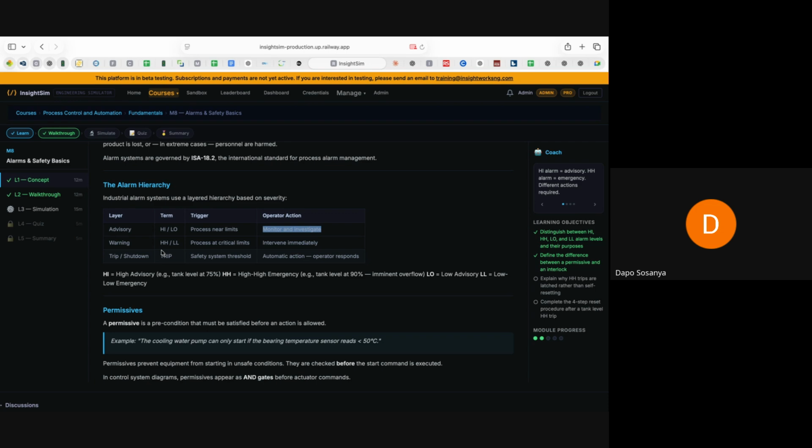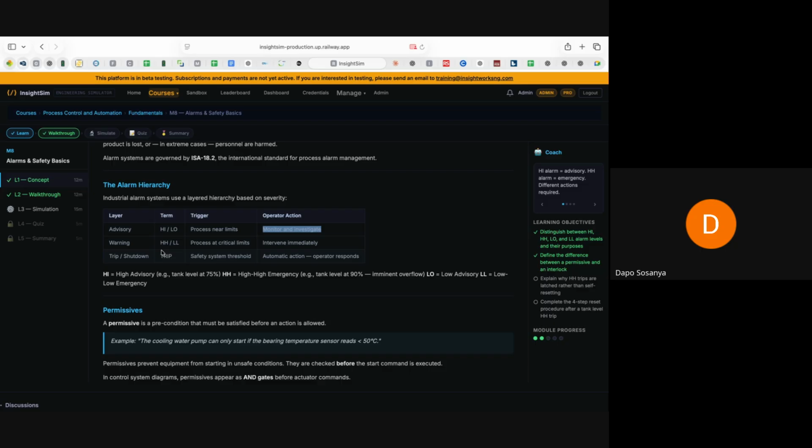You can now set another alarm for maybe 80 or 85%, so that when the level continues to increase, at 70% you have been warned that this thing is increasing, but once it gets to 85% it has become critical.